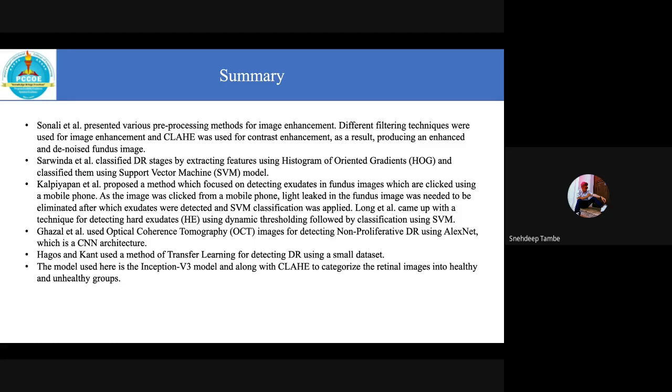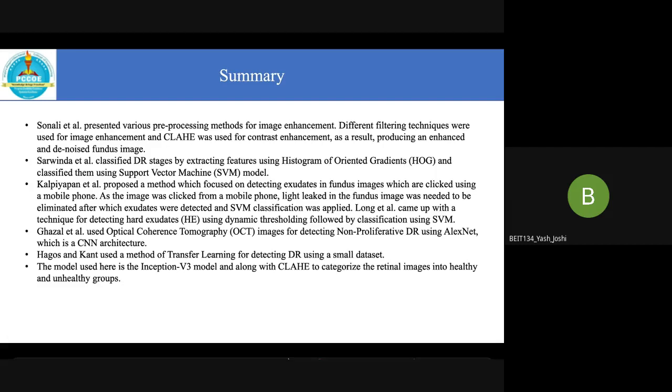Okay, yes. So the summary is we have done a literature survey where we found out that CLAHE is one of the best techniques used to enhance fundus images, and which denoises and enhances the fundus images.